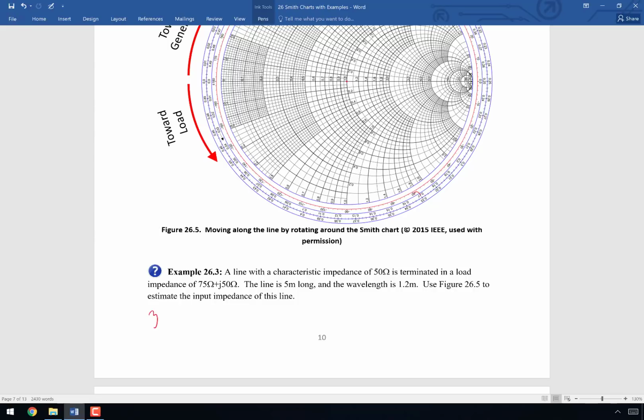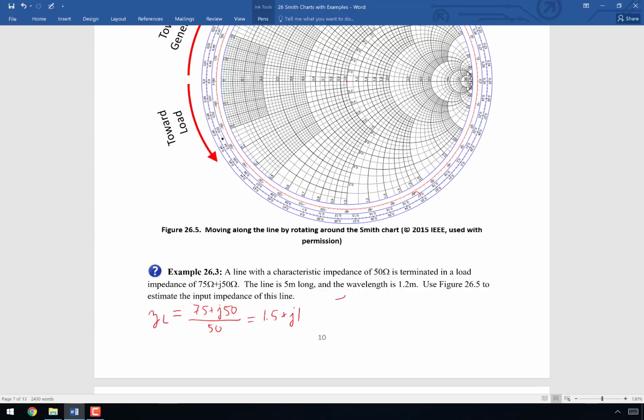So I'm going to normalize. This is how I draw a lowercase z, just to clarify that it's a lowercase z. z sub L is equal to 75 plus j50 divided by 50, which is equal to 1.5 plus j1. So that's my normalized load impedance.